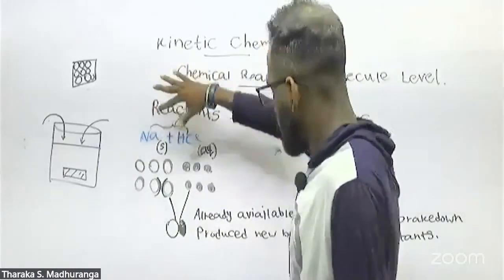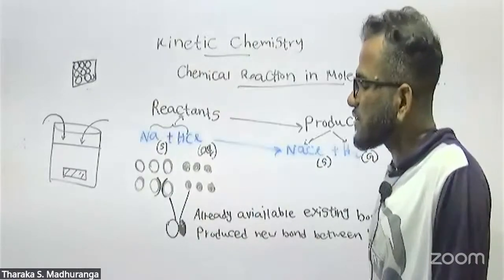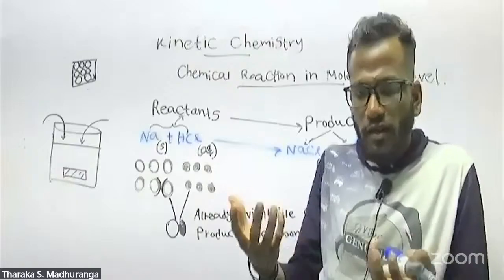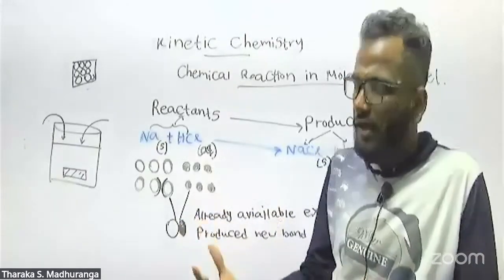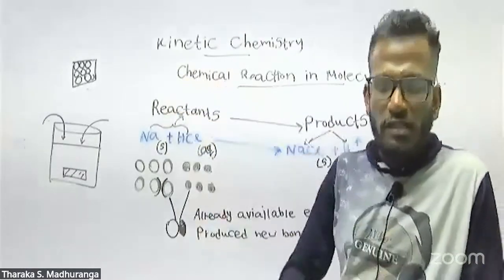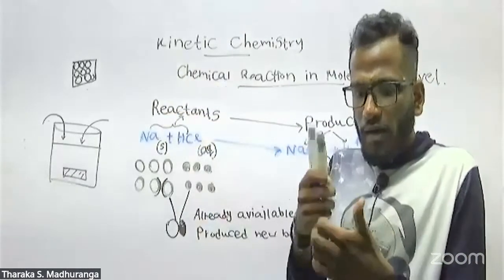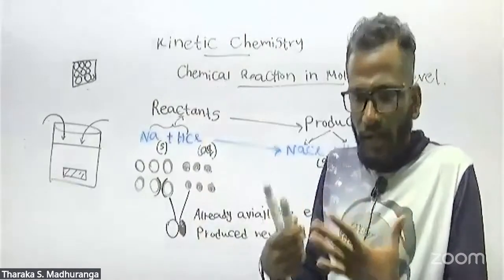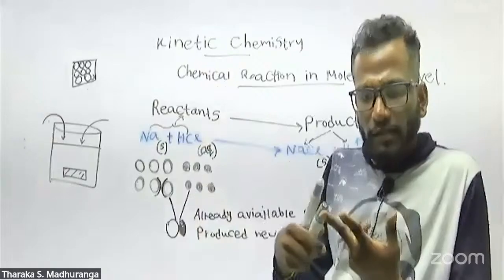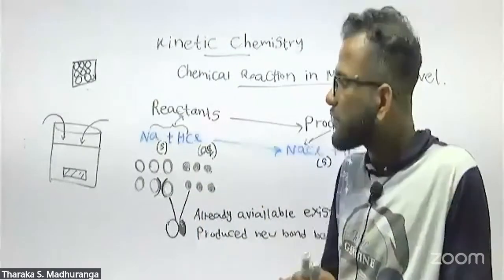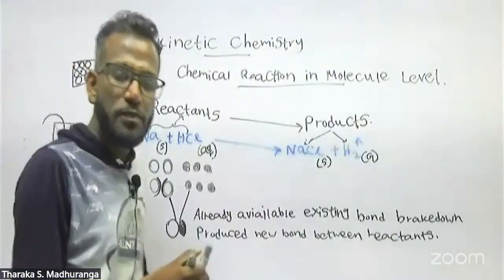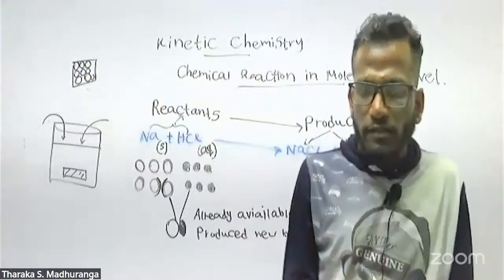I told you the physical state of a reactant can be solid, liquid, gas or aqueous. Aqueous also has a molecular structure the same as liquid. Therefore, whether a reactant is solid, liquid or gas, it has a molecular structure. Every reactant is made of molecules.